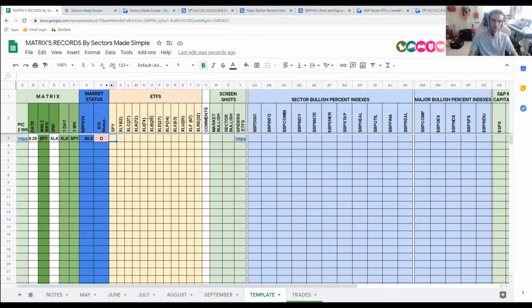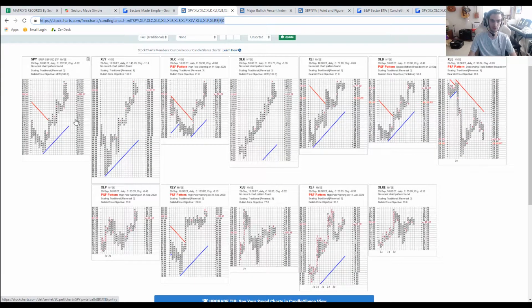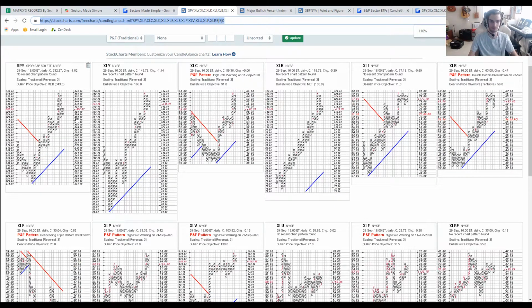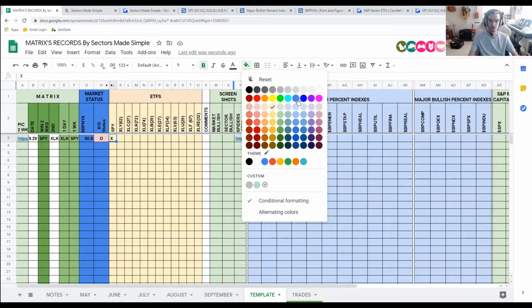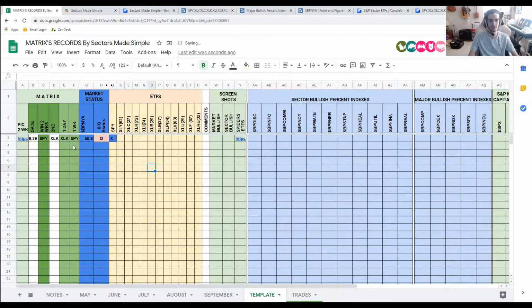And then what we want to put here is the direction for each of these charts. So we'll go through and say, okay, SPY is in a column of X's. And we're going to change the color to blue because this is our 2-week leader.